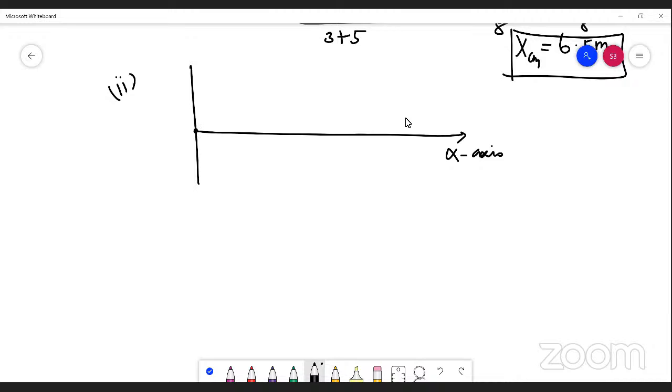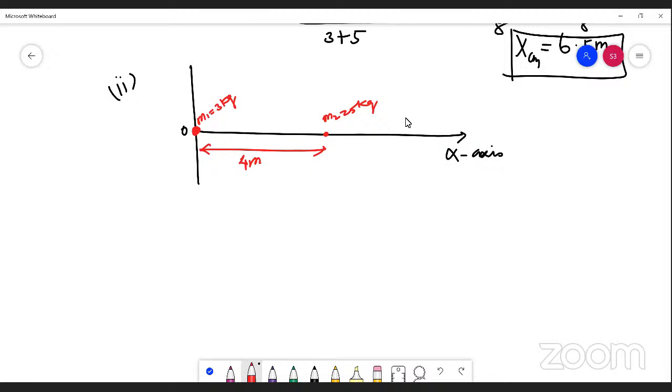So this is the origin O, and the mass M1 is there exactly at the origin, and the mass M2, which is equal to 5 kilogram, is at a distance of 4 meter from the 3 kilogram mass.